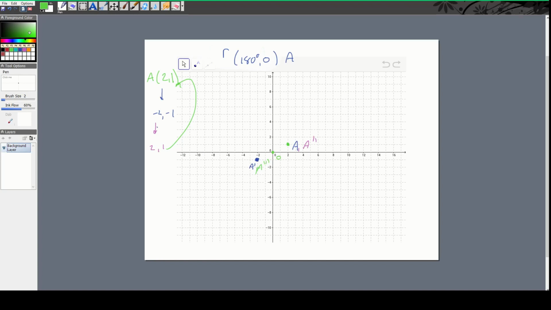Let's look at doing 270 now. 270 degrees around the origin. And you don't have to do this on the origin, it just looks a little easier to show you the first time. So I'm rotating A 270 degrees around the origin this time. Starting with A as 2, 1.